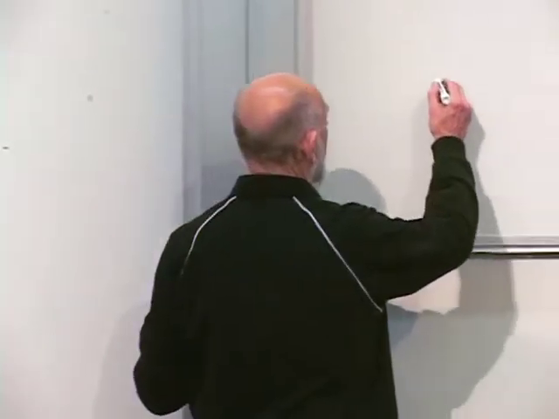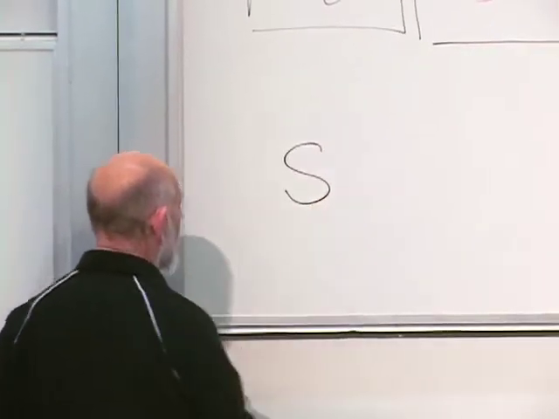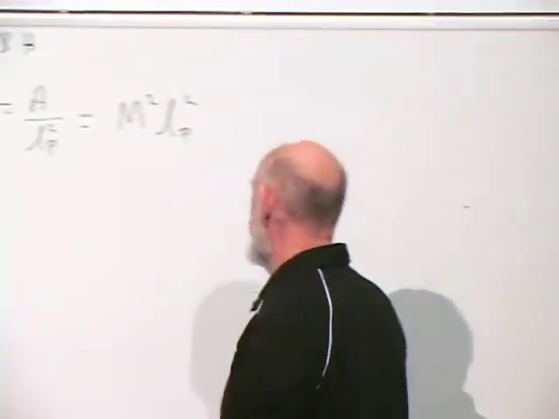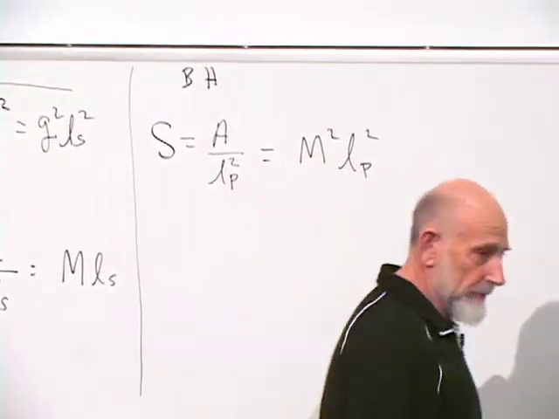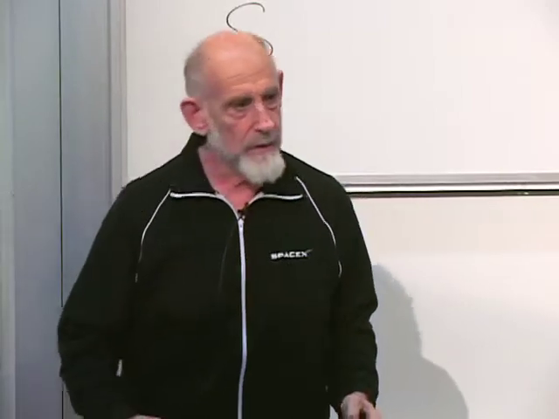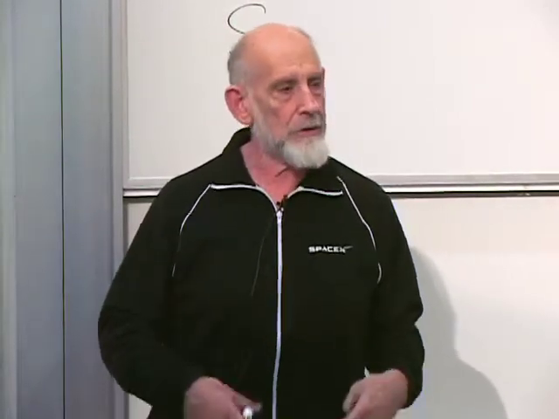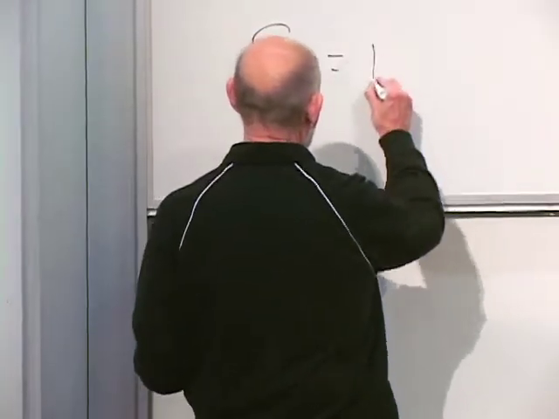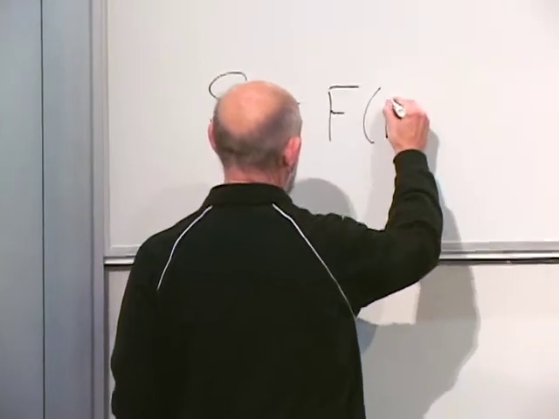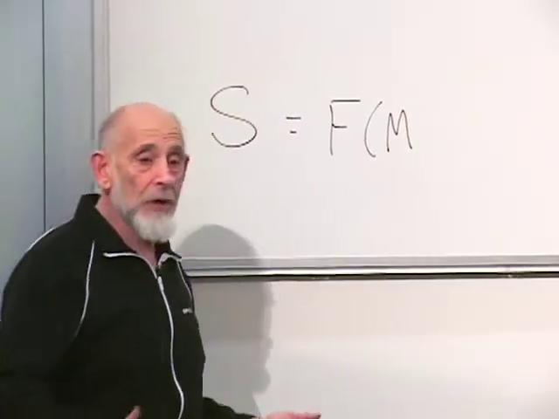Let's start with the entropy of a black hole. Now, here's the formula. M squared L Planck squared. Entropy is dimensionless. The entropy of a large black hole, what can it depend on? Of course, it can depend on the mass. But mass is not dimensionless.